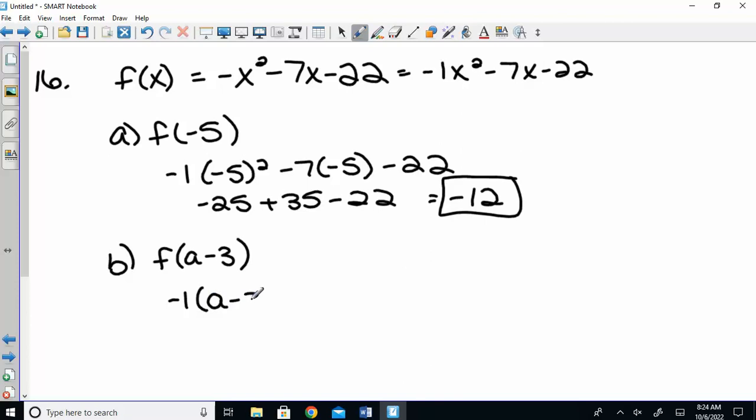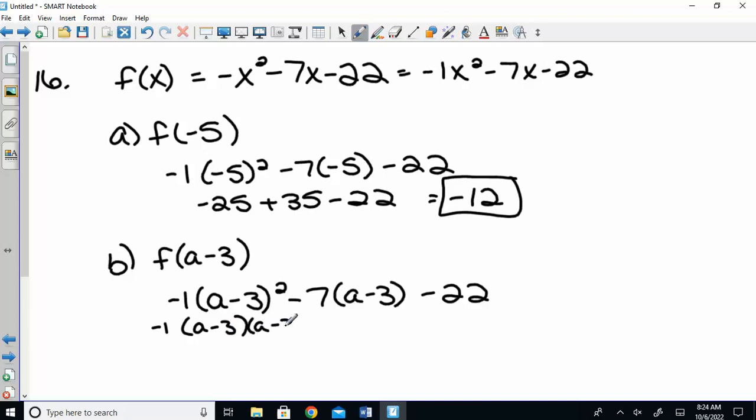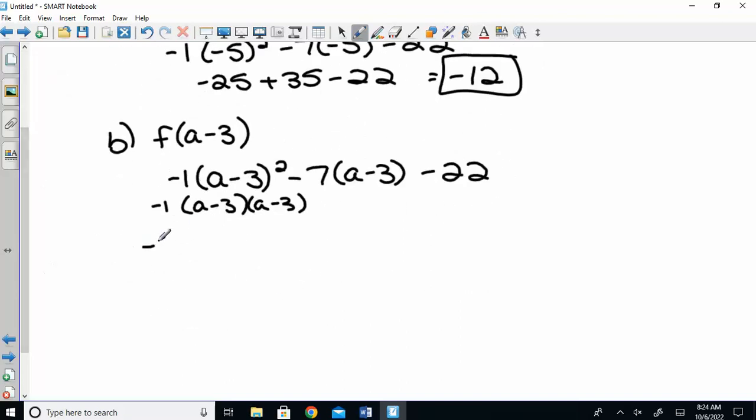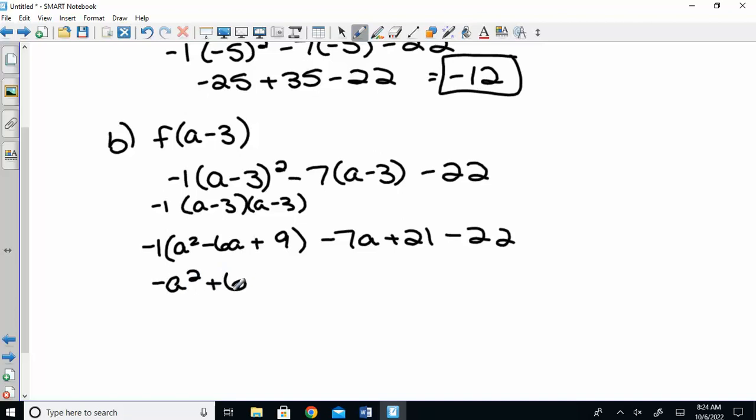All right, so B, we're plugging in a minus 3 for the x. So you have to FOIL it. This is like a -1 times (a minus 3) squared, which means you have 2 of them. This would be a squared minus 6a plus 9. Distribute the -7 here, then distribute the negative and combine like terms.